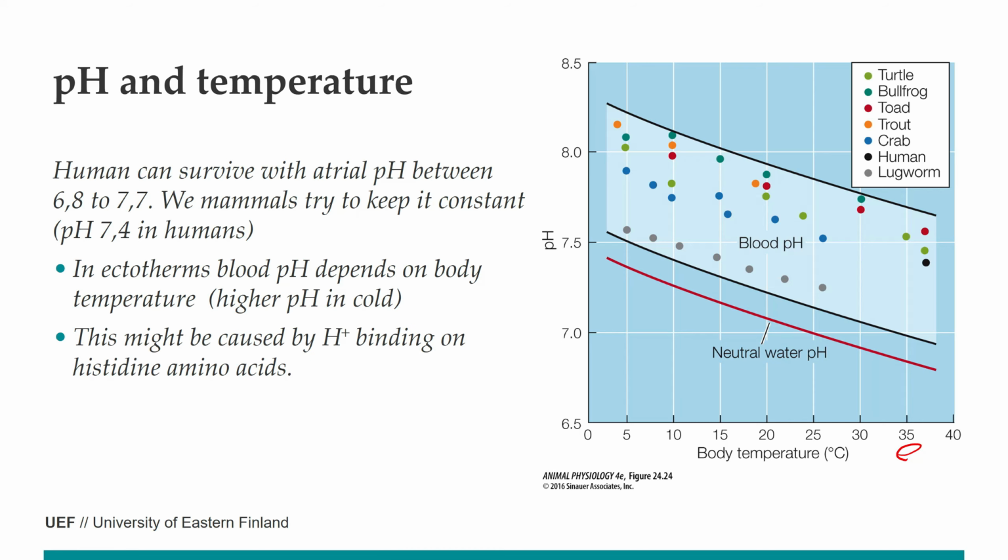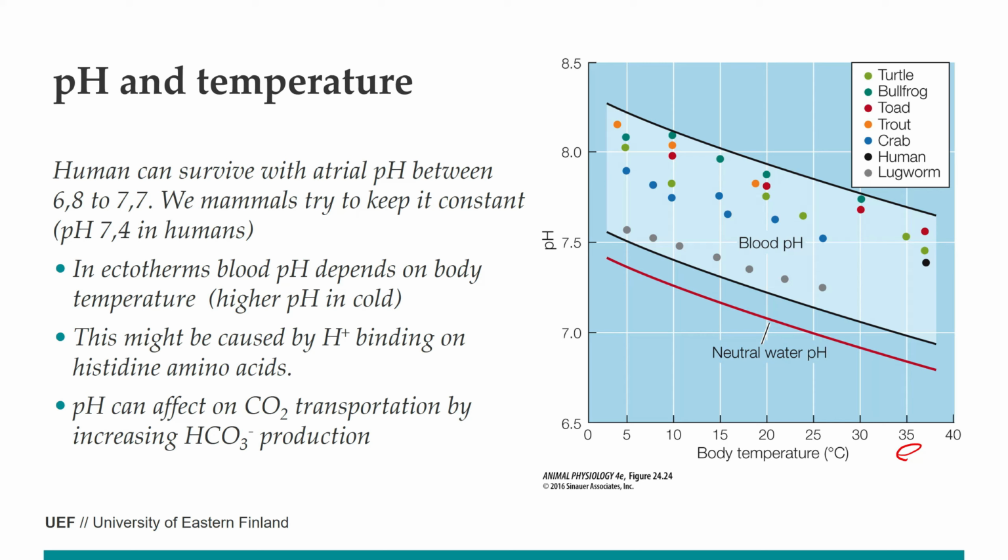And it might be that this is caused by the protein binding on the histidine amino acids, but it might also be some other effects. And this pH can affect the carbon dioxide transportation, increasing the bicarbonate production.